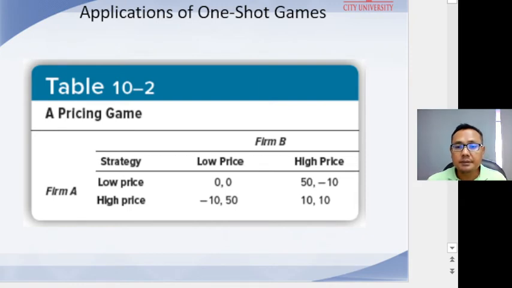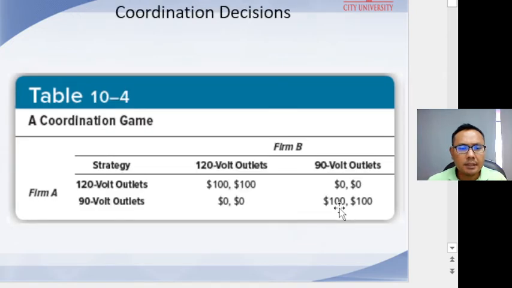So in table 10.4, this is the coordination decision. Let's say for producers of electrical appliances, in an environment where different appliances require different outlets, a customer who desires several appliances would have to spend a considerable sum wiring the house to accommodate all the appliances.